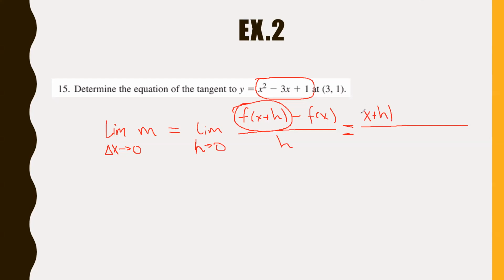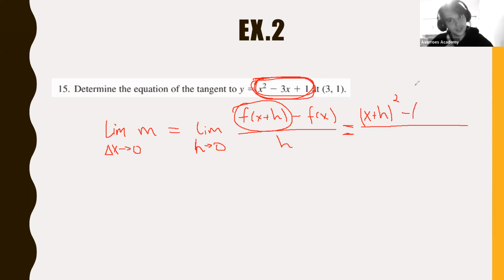Minus fx. Not yet. We need to complete the full formula first. Look here. You need to write down this, but instead of using x, use x plus h. Oh, okay. So minus 3x.